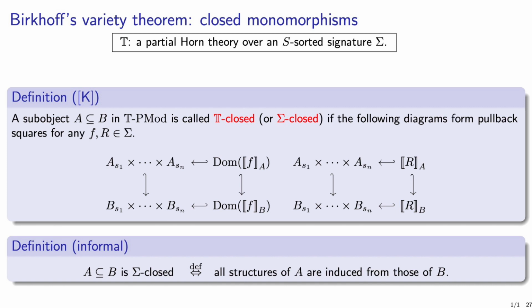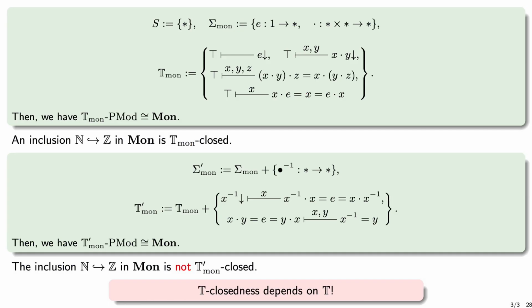Now, we present an example of closed subobjects. Let us consider the partial theory of monoids denoted by T1. This theory is single-sorted and has a constant symbol and a total binary operator.